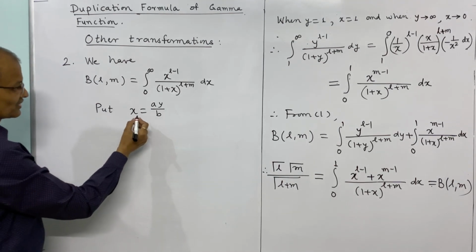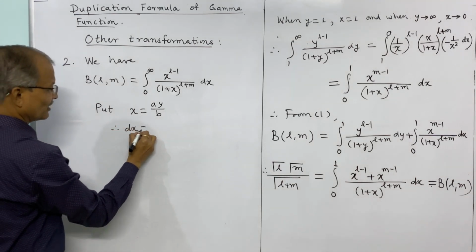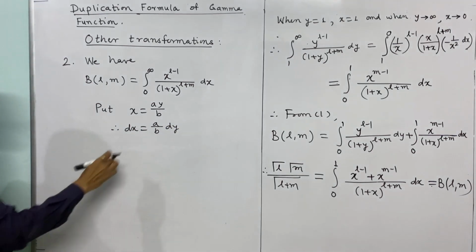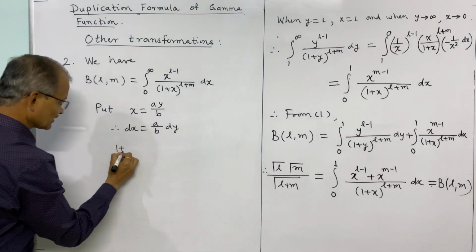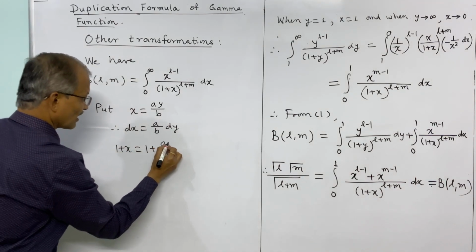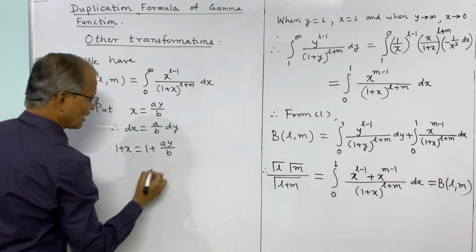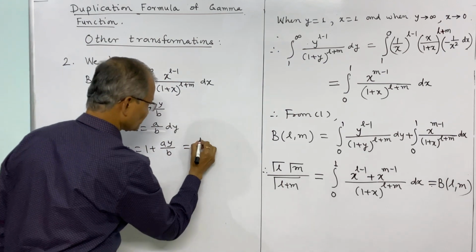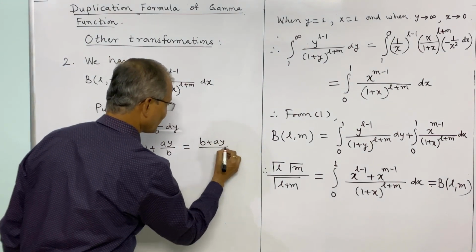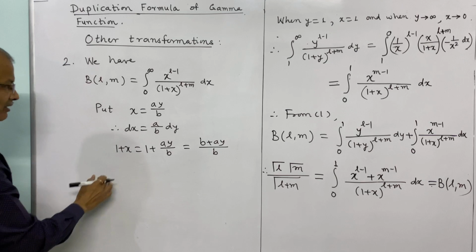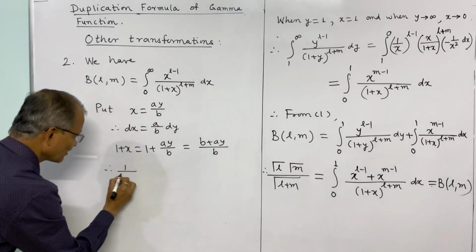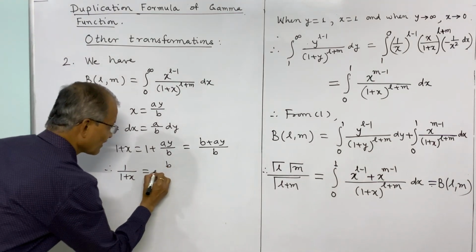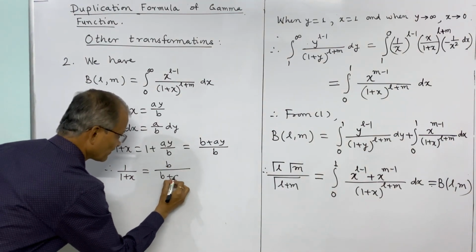Now the corresponding changes: dx will be a by b into dy. And what about 1 plus x? So 1 plus x will be 1 plus ay divided by b, and you see this will be b plus ay divided by b. And what will be the reciprocal of this? Therefore 1 divided by 1 plus x is equal to b divided by b plus ay.